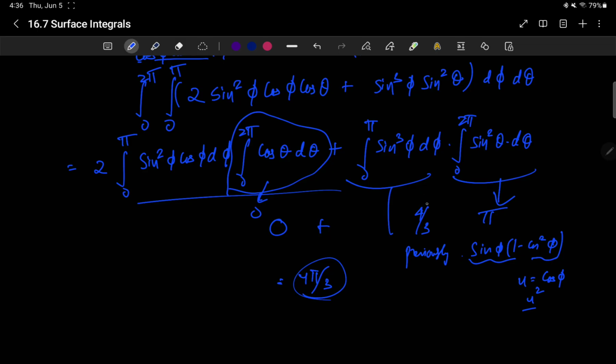So again, I'm skipping some of the steps here because we have seen these integrals several times before. And since they are always pretty much the same integral, you should be used to working with them.